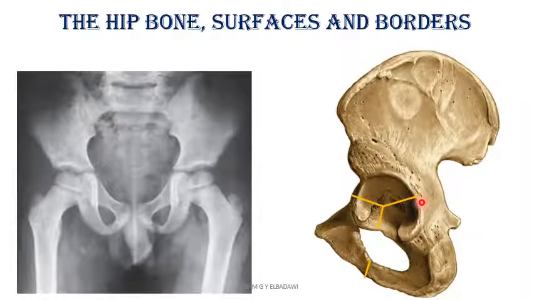The acetabulum: you can see the fossa, the notch, and the lunate surface, the articular surface here.